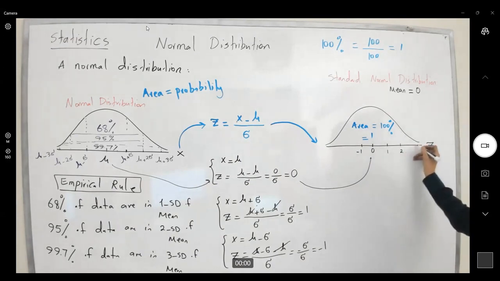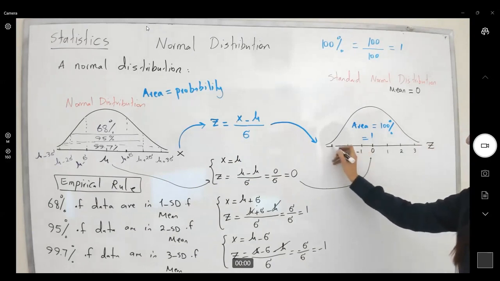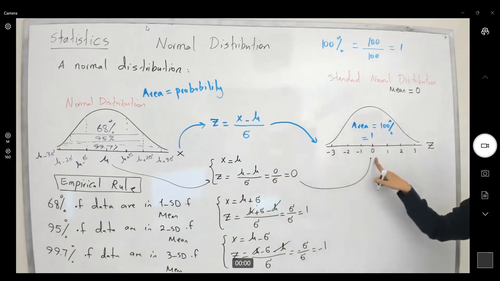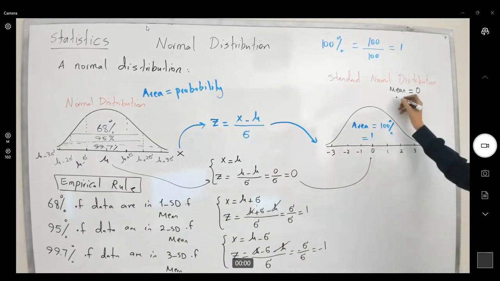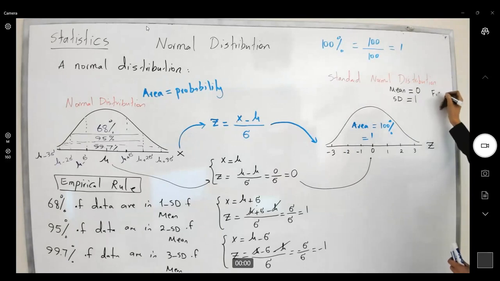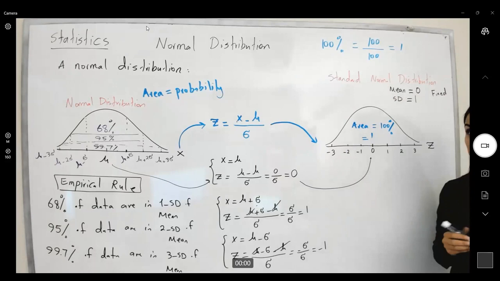You get 2, 3, -2, -3, and the center is your 0. So the mean is always 0 with standard deviation equal to 1. This is for a standard normal distribution.